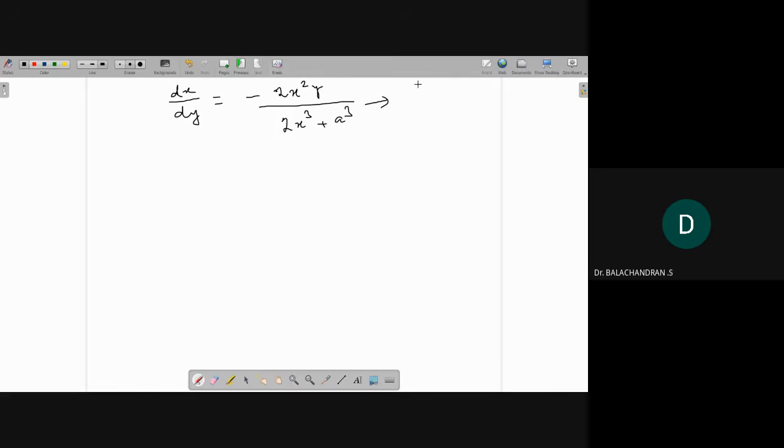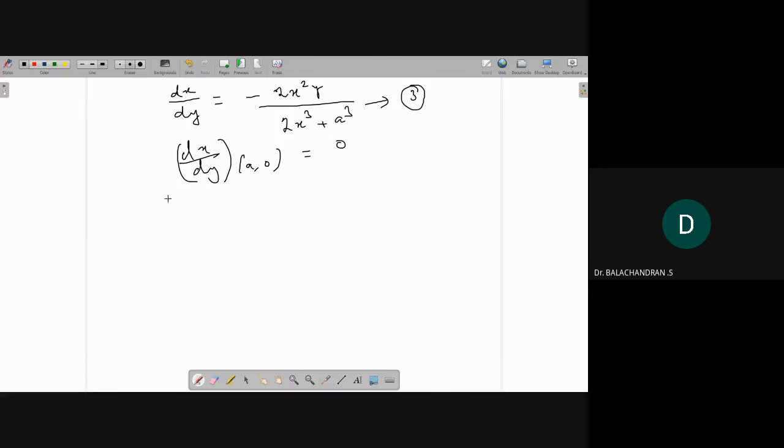We'll call this equation number 3. So then we can easily tell that dx by dy at the given point a comma 0 is 0, because its reciprocal is infinity, meaning dx by dy at the given point is 0.